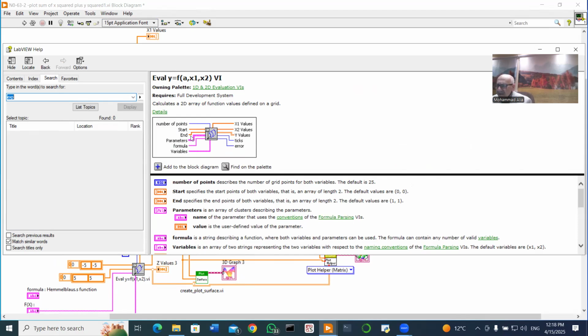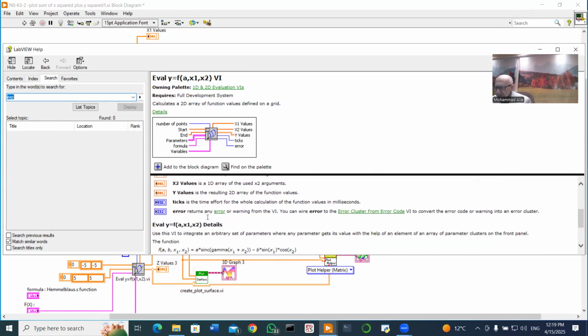They are shown here as a cluster, as you see, of two values in an array cluster describing the parameters. Start point here, the end points here, the formula is here, the variables x1 and x2 here, and this is the parameters A and B, which I have included.